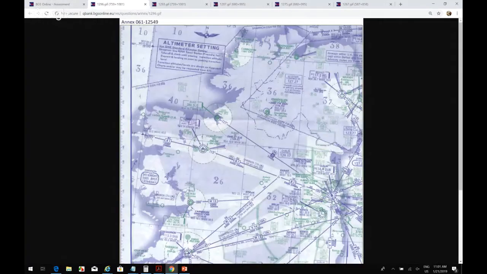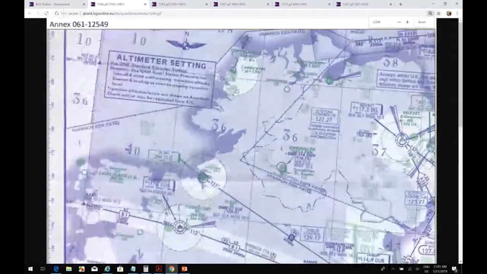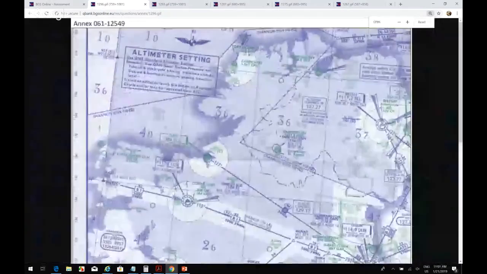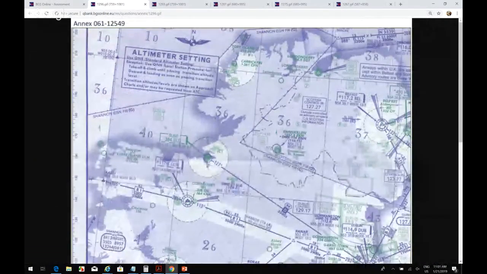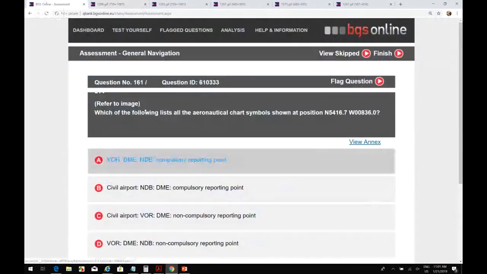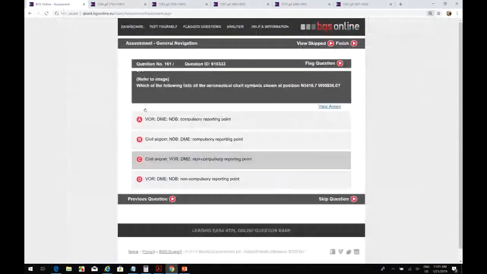So there's a... I thought that purple circle is a military aerodrome. But anyway, we'll see. That's Sligo and, let's see, there a VOR?